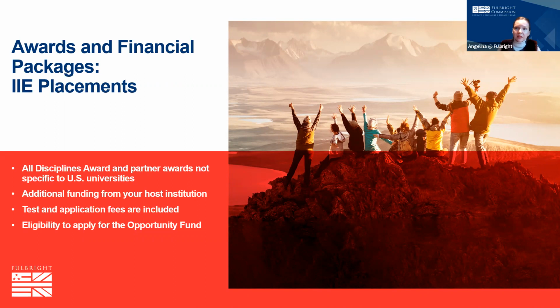But if you've been unsuccessful, and you feel that you are still unable to afford your study in the US, you can apply for the Opportunity Fund. Just to clarify, it is available to those of you who are already or have been selected as Fulbright grantees, so as an applicant, you do not apply for it. If you are successful, we will share more information with you and explain how to apply.